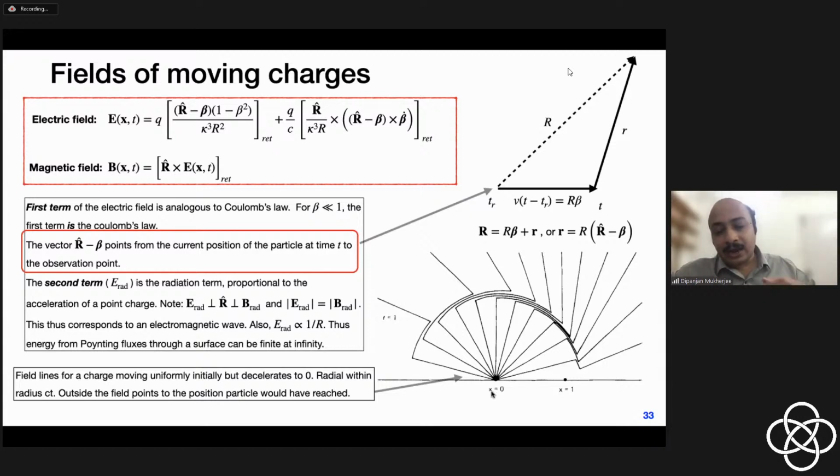So after a very long time, all of space would know that the charge has stopped, and the electric field would now be radial. But at any given time, at t equals 1, let's say, the field lines will just point towards x equals 1, which was the retarded location of the charge. Again, this is a slightly counterintuitive concept to understand: the retarded position, retarded time, etc.